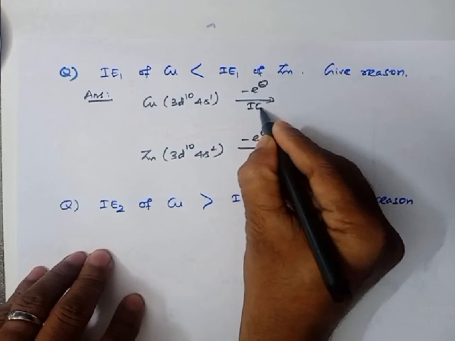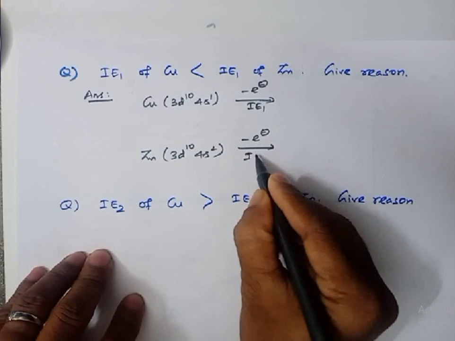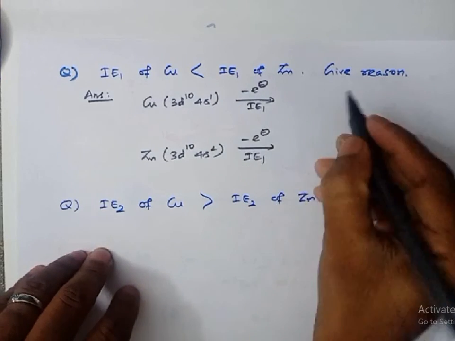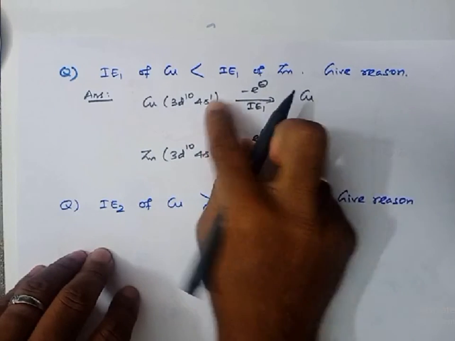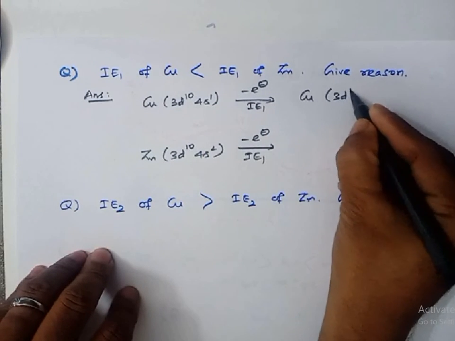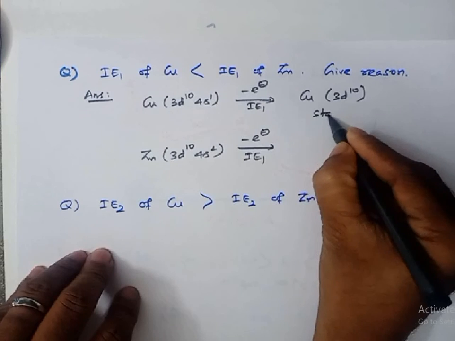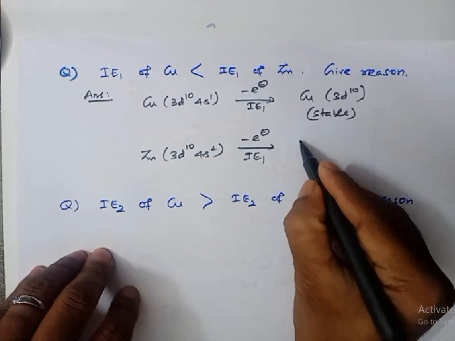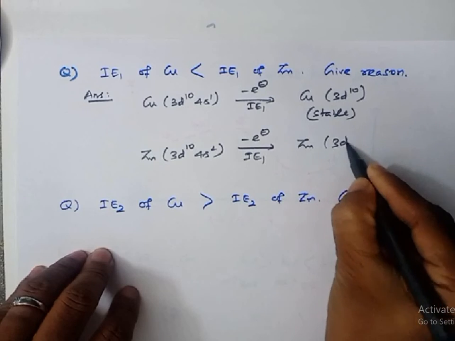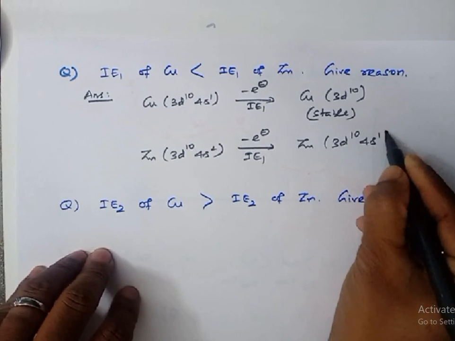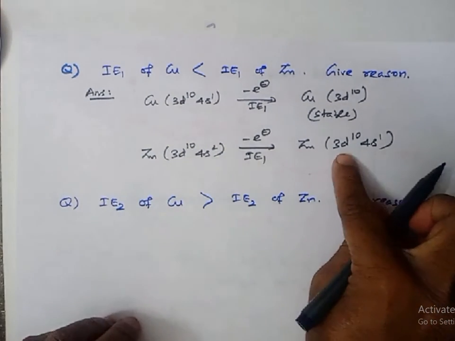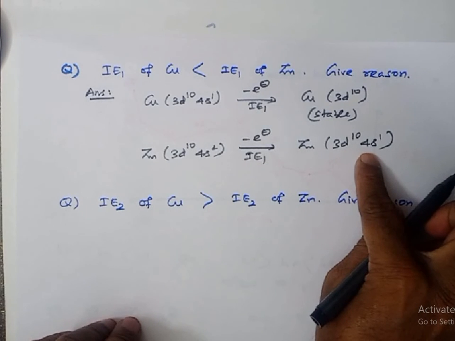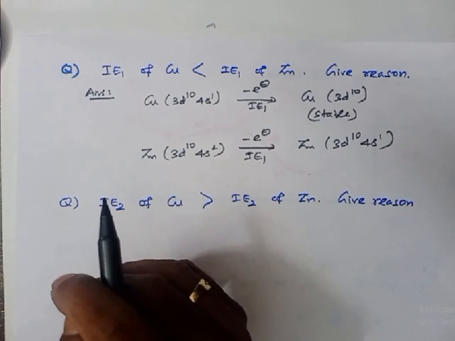If you remove one electron from copper, I'll get 3d10, a stable configuration, correct? Whereas if I remove one electron from zinc, I'll get 3d10 4s1. This is also stable.